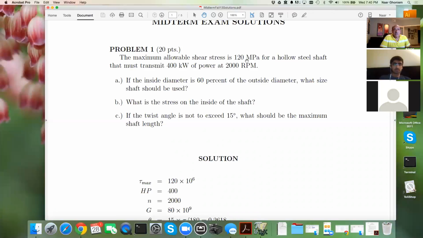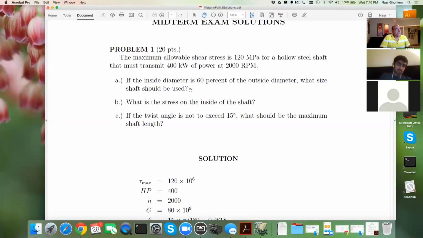The issue here is that if I have a shaft that is not solid, it would have an inner diameter and an outer diameter. So we cannot determine 2 variables for a hollow shaft. We must know some relationship between the inner diameter and the outer diameter, and that is given in the problem.